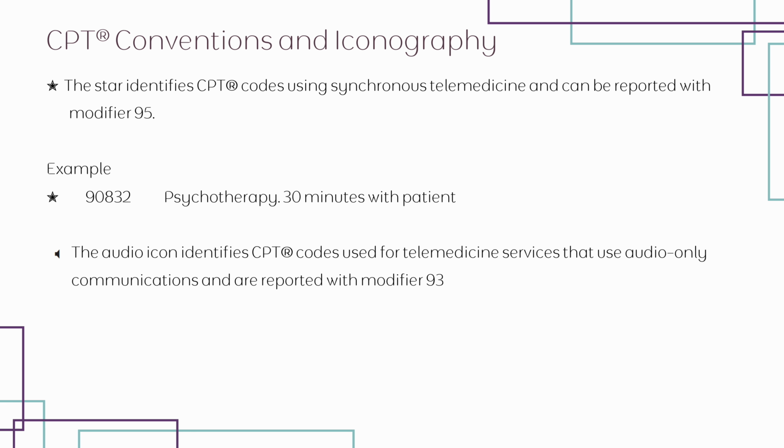When reporting audio telemedicine services, coders should append modifier 93 to the procedure code to indicate that the service was performed through audio-only technology. Both the star and the audio icon serve as important visual cues within your CPT codebook, helping you recognize which services can be billed when performed through telemedicine, and they will ensure that the correct modifiers are applied for proper reimbursement.